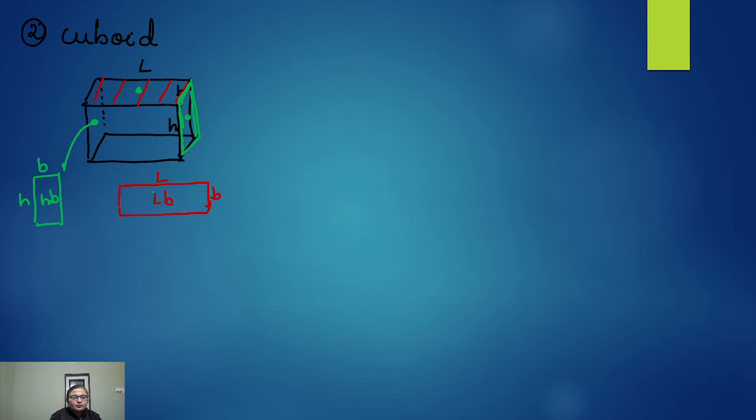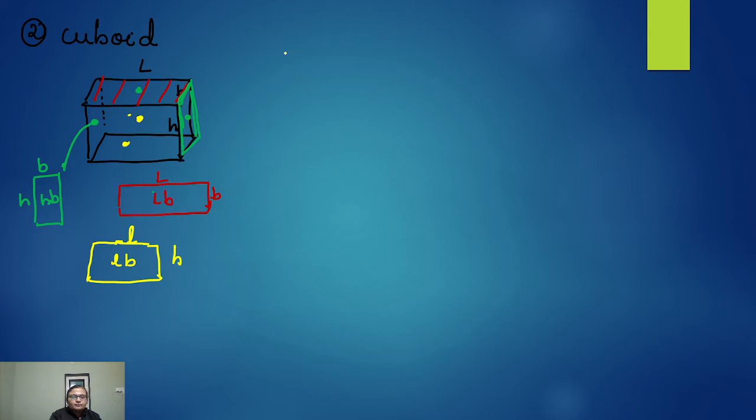And two more rectangles will be here, where length into height, two more rectangles, length into height. These two opposite faces are length into height.